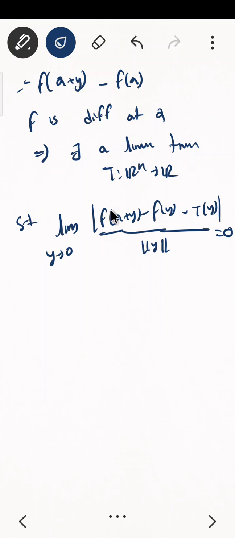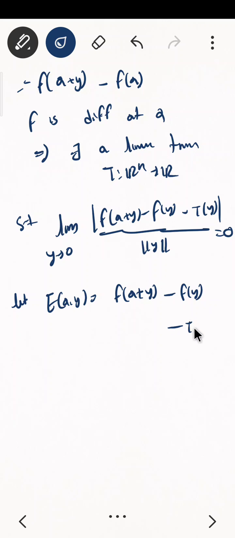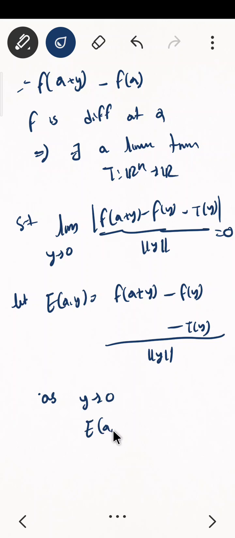Let us use the same technique which we used earlier, that let E of y be equal to f of e plus y minus f of e minus T of y upon norm y, correct. So what do you observe? That is, as y tends to 0, E of y tends to 0, correct.